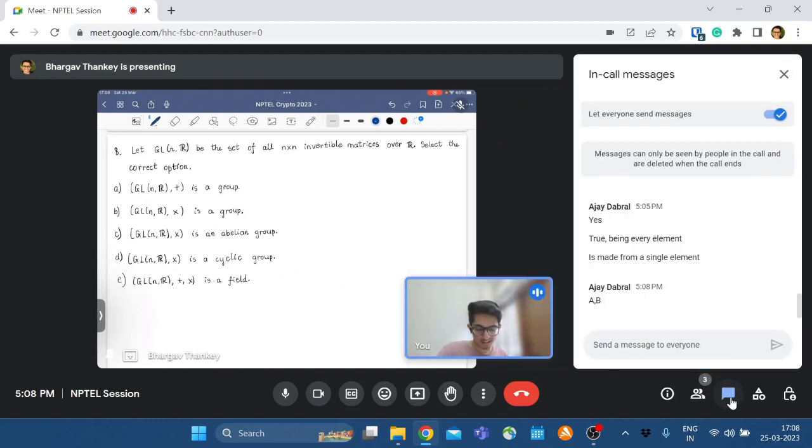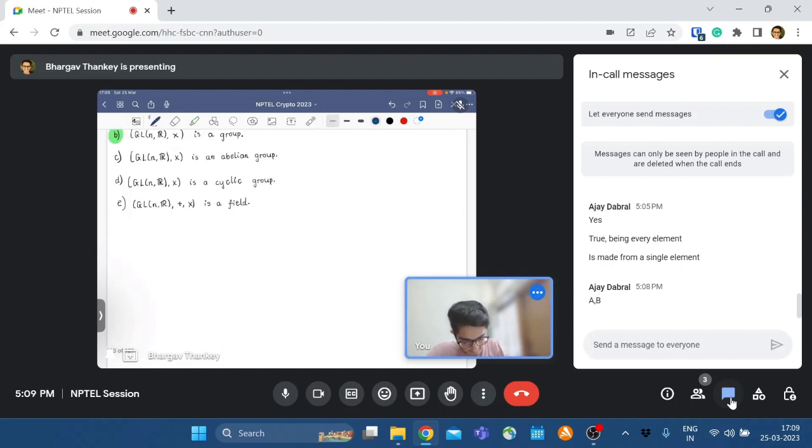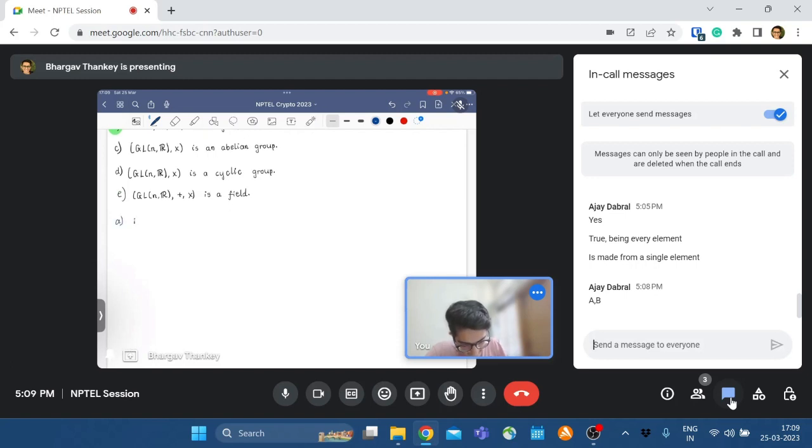So you're saying A and B are correct, right? Okay. B is correct, but A is not. So let's see why. The identity element. So what's the identity element for matrix addition?